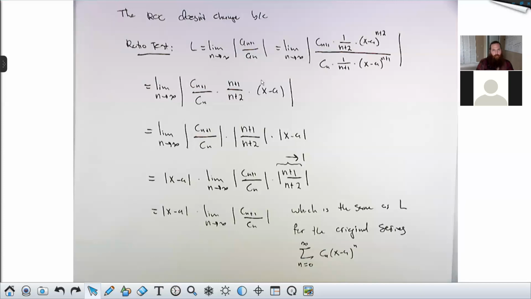So the ratio test, when applied to my new integrated series, simplifies to this. And this is what I would get if I applied the ratio test to the original series. So the radius of convergence for my new series has to be the same as the radius of convergence for my original series, because the ratio test limits are the same.